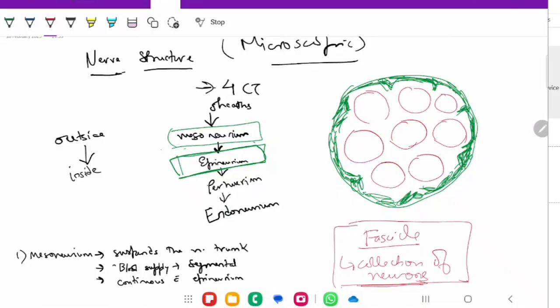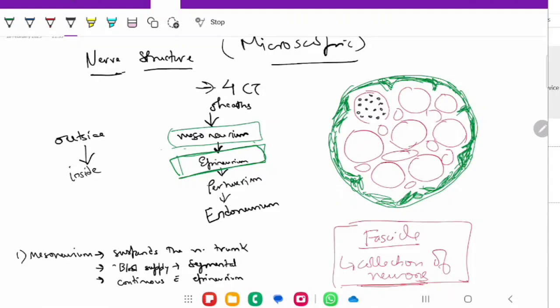This is known as fascicles. There will be small fascicles, there will be large fascicles of any shape, size, whatever it is. So these are known as fascicles. These fascicles will have small neurons in them. This is an example that I'm drawing.